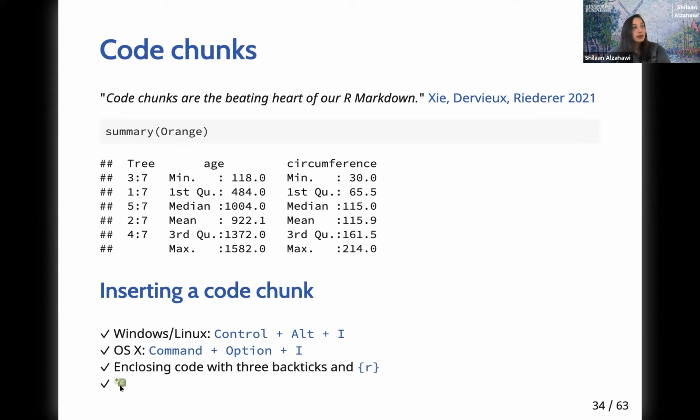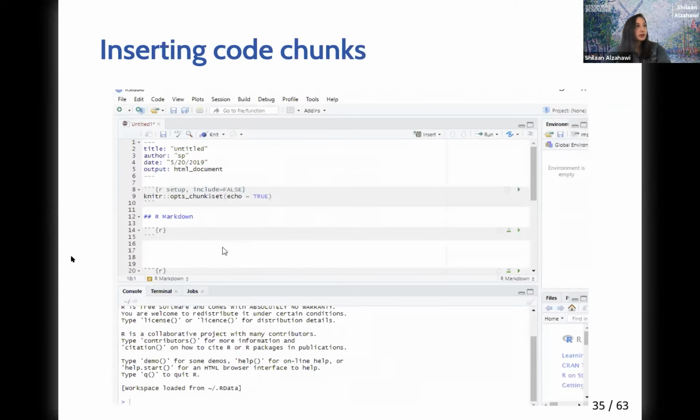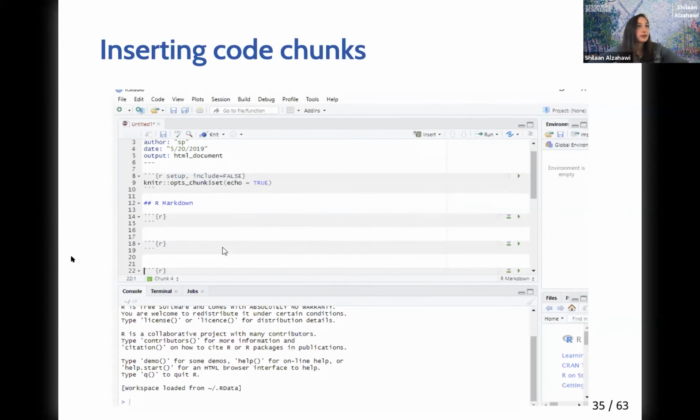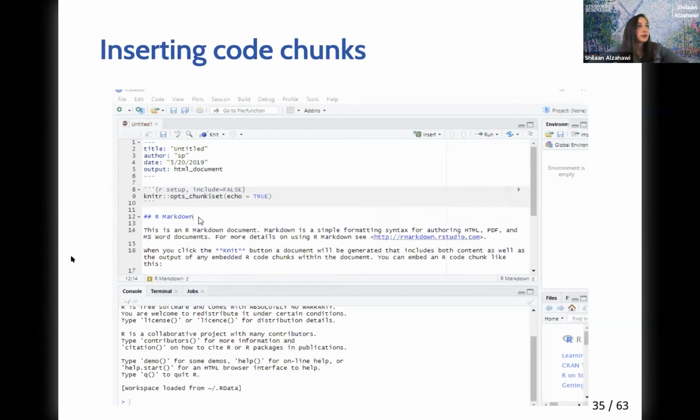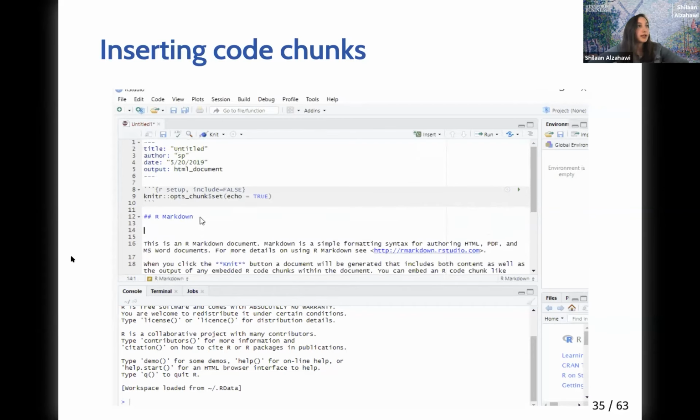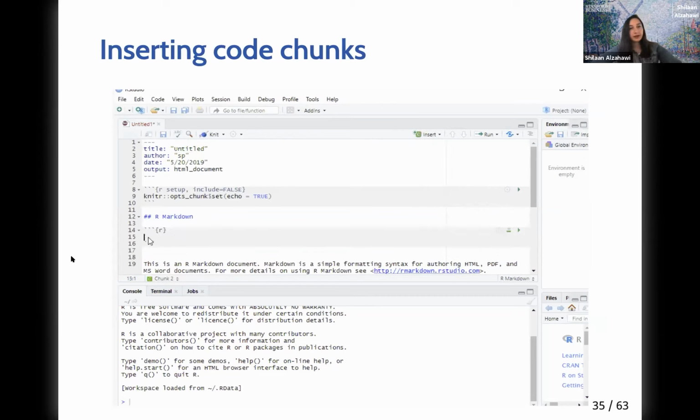There's also a small little button for it, which is a plus sign and a green square with a C in it for chunk. Here you see a little graphic of how we insert a code chunk. The GIF creator is going to that insert button and clicks R, and there you go. Now we have a code chunk in which you could write, for instance, summary Orange, like I did before.